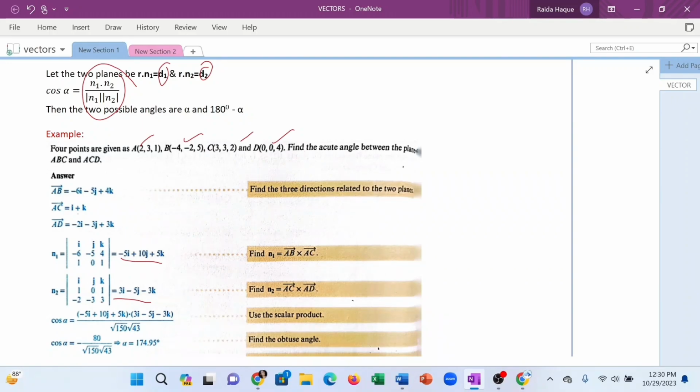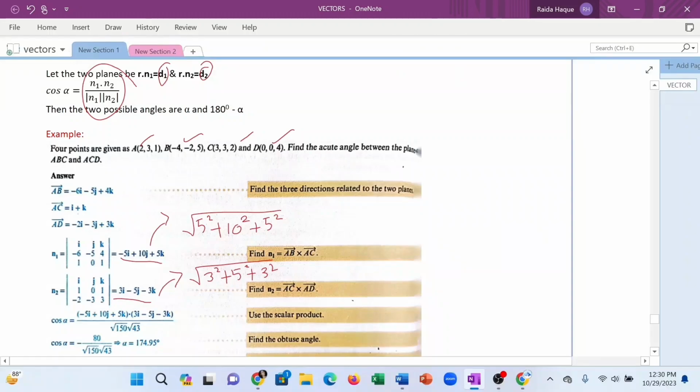So the magnitude for n1 will be root over 5 squared plus 10 squared plus 5 squared. Then this value will be 3 squared plus 5 squared plus 3 squared, right? Because when we square a value, the minus sign gets erased, so there is no need to take into account the minus values.